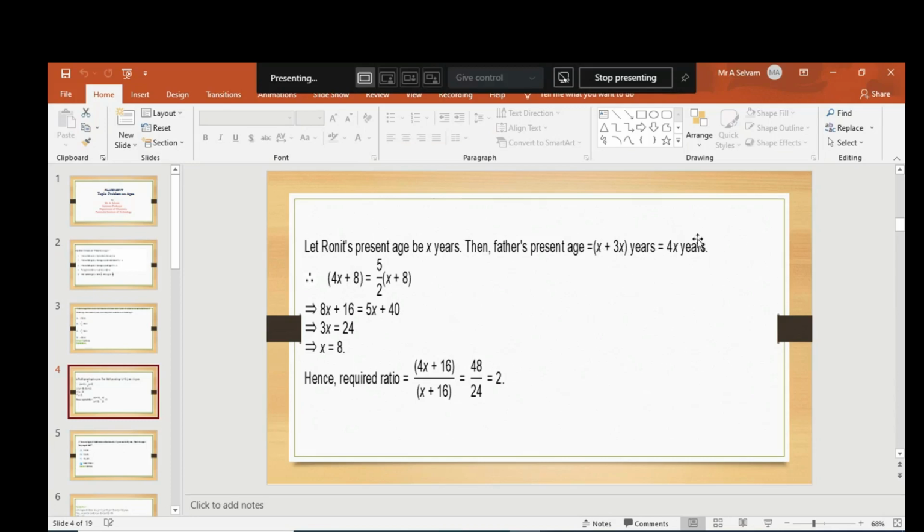This is the father's present age, while son Ronit's age is x.